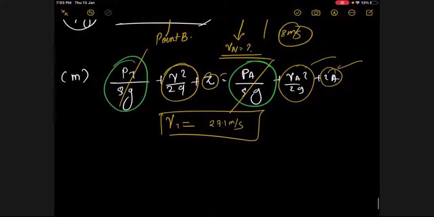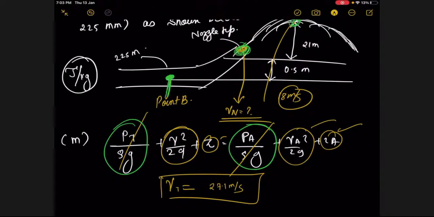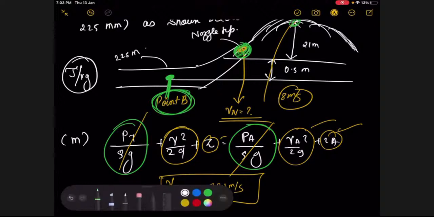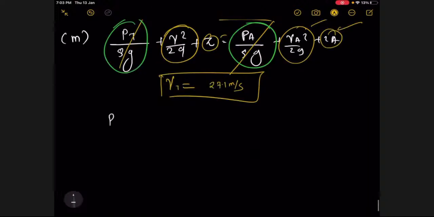You can also calculate the gauge pressure at point B. Now you will apply Bernoulli's equation between point B and the nozzle tip. So Bernoulli's at point B: PB upon rho plus VB square by 2 plus ZB.